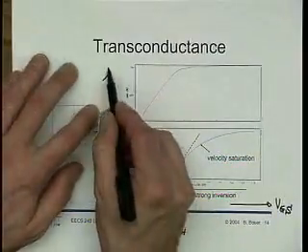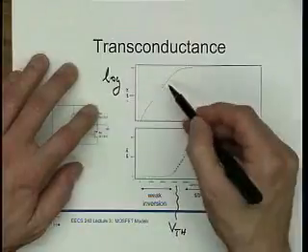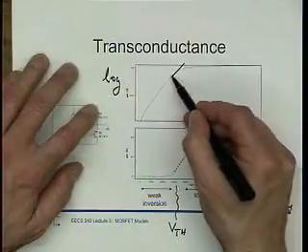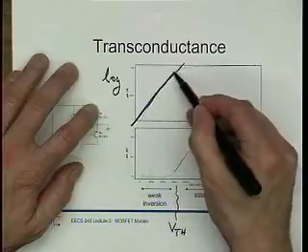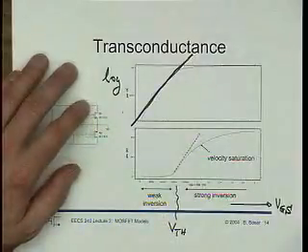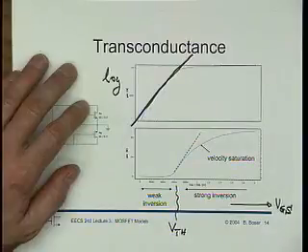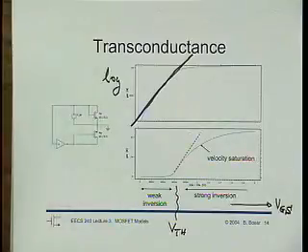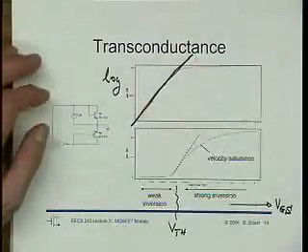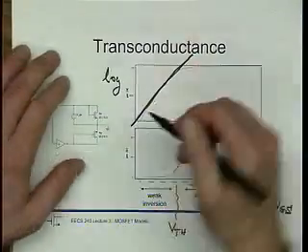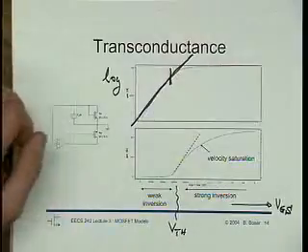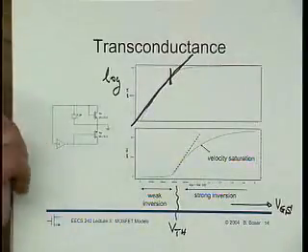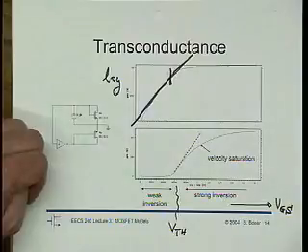I plot this on a log scale, and lo and behold, the exponential turns into about a straight line. Where this is about a straight line, my device behaves the way it's supposed to in weak inversion. There's a fairly large region where it does. And then somewhere here where it starts deviating, I enter moderate inversion, or the transition region.